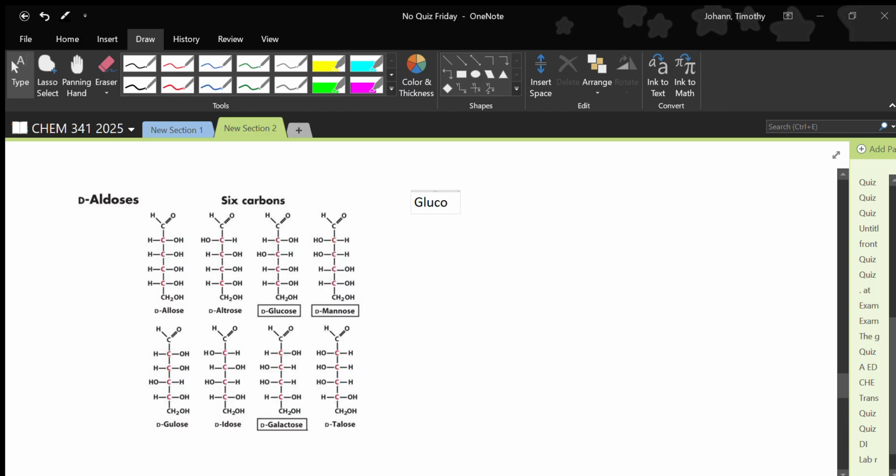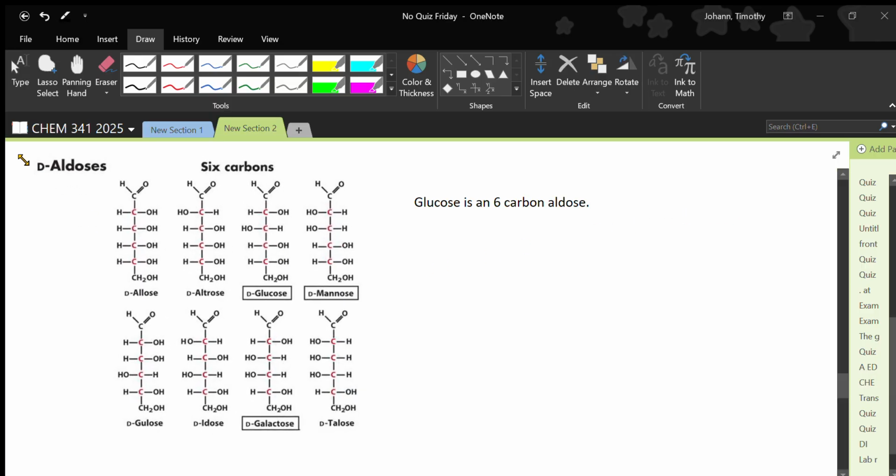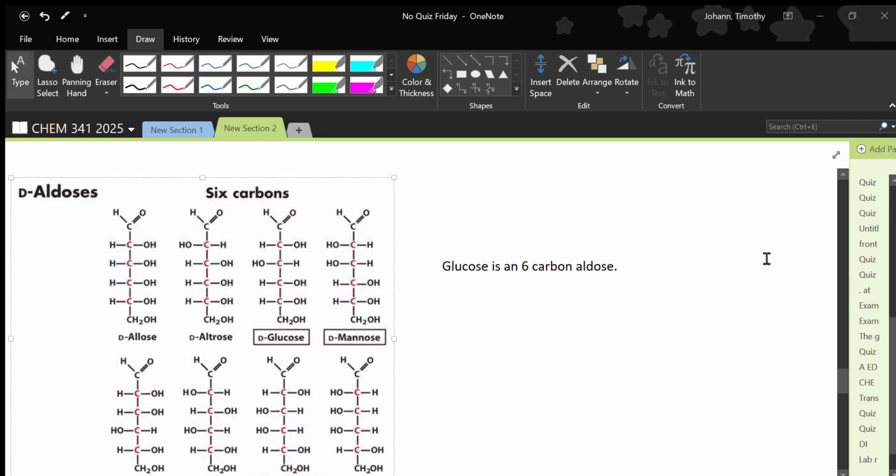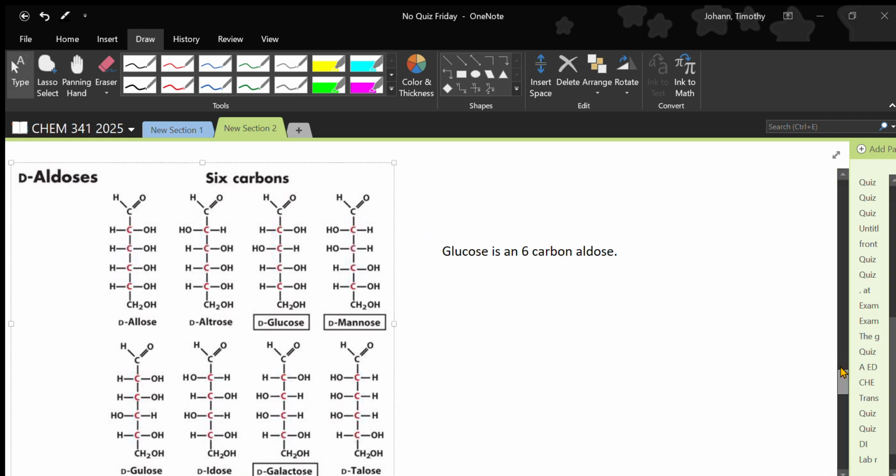So glucose is a 6-carbon aldose. And I have the structures of things here. So what I expect, there's some memorization in this chapter. I expect you to know the structure of glucose.